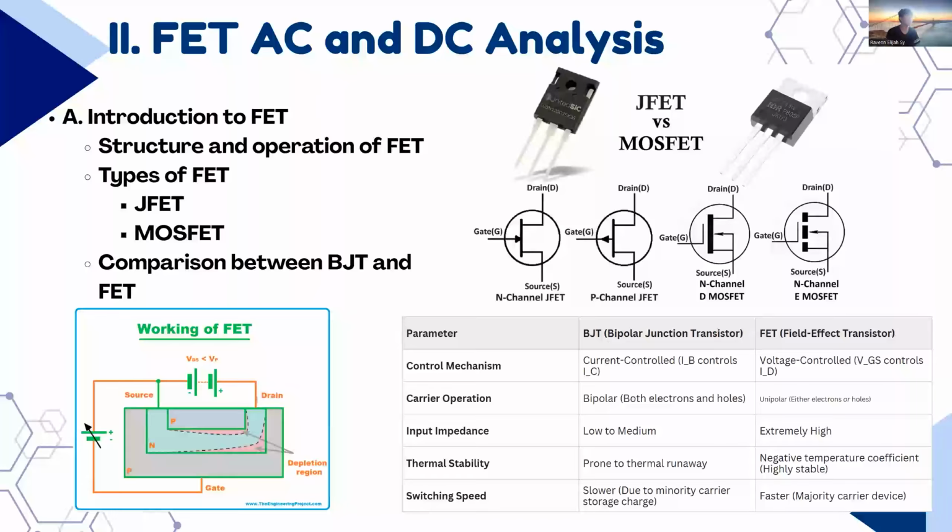MOSFETs can operate in depletion mode or, much more commonly, enhancement mode. In enhancement mode MOSFET, no physical channel exists until a sufficient gate to source voltage VGS exceeds the threshold voltage VTH, creating an inversion layer to permit conduction.